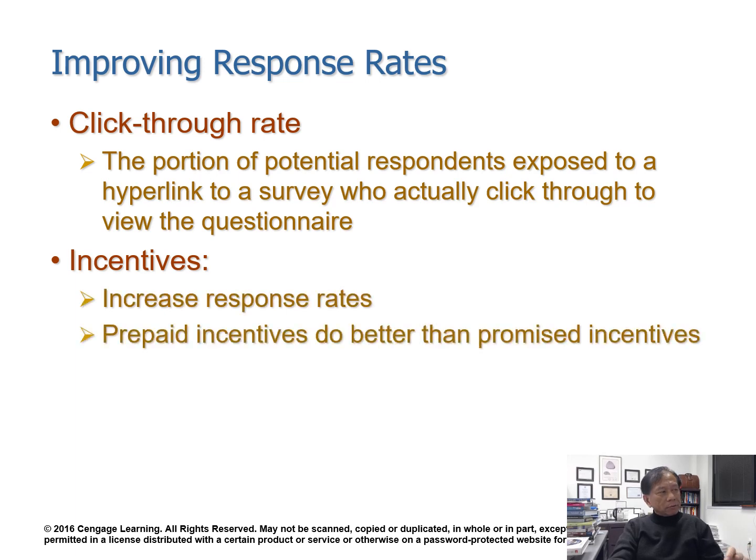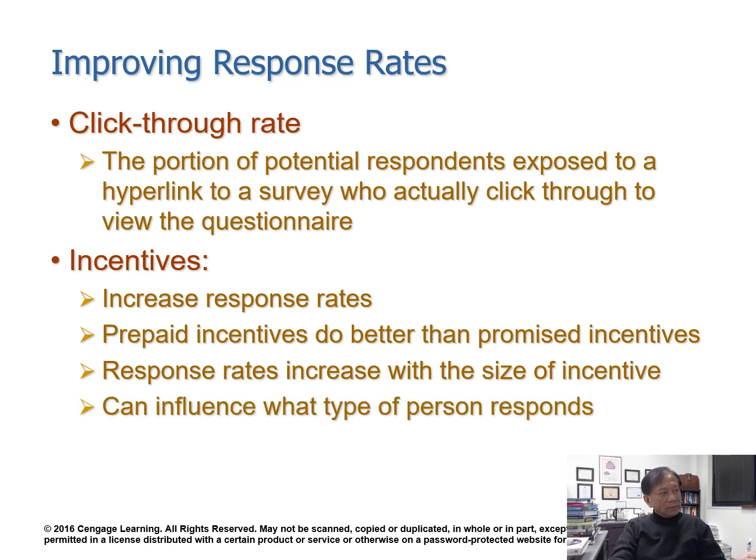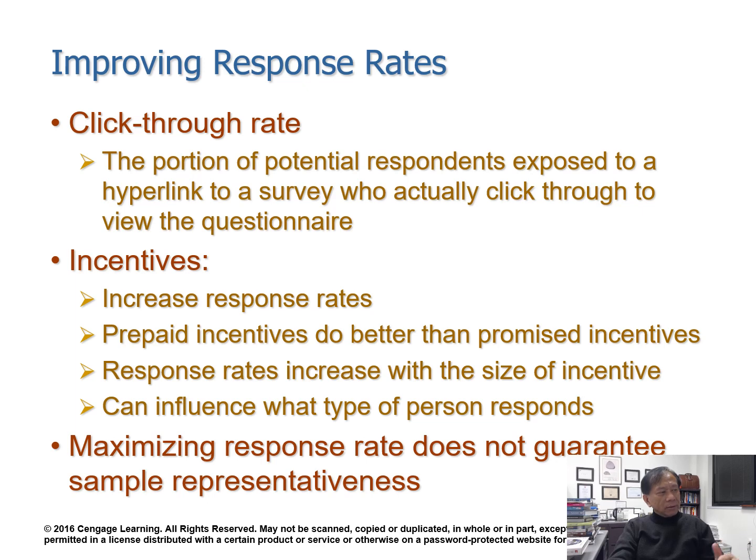Prepaid incentives do better than promised incentives. Give them money first. Response rates increase with the size of the incentive. You can imagine that. It can influence what type of person responds. You can maximize the response rate, but it does not guarantee sample representativeness. Keep that in mind.